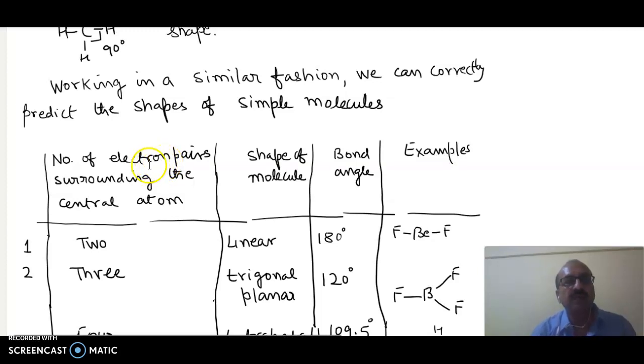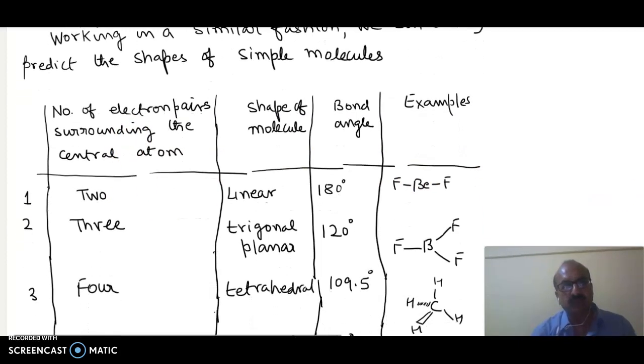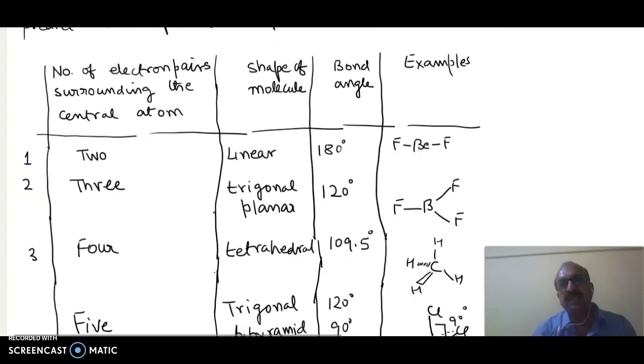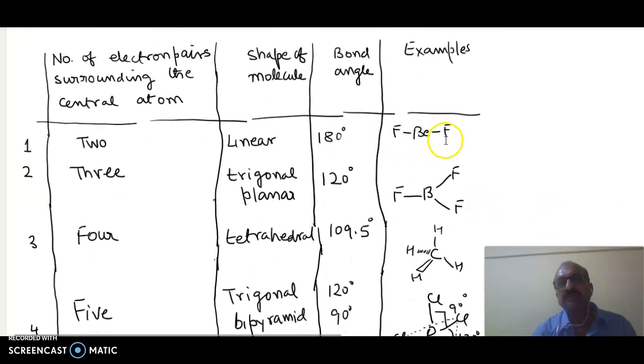So we count the number of electron pairs surrounding the central atom. If the electron pairs around the central atom are 2, as we found in our first example, beryllium fluoride, then the molecule becomes linear in shape, and the bond angle between F-Be-F is 180 degrees.